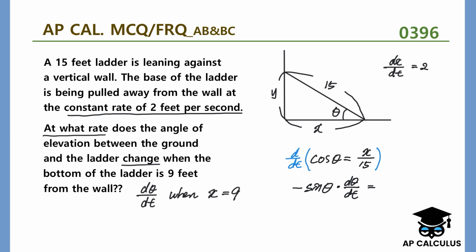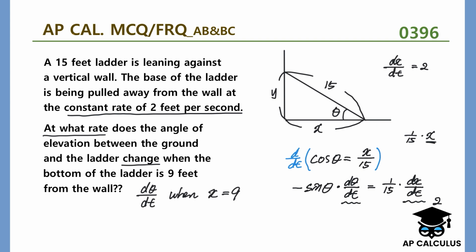We don't want to apply the quotient rule here, right? x over 15 is just 1 over 15, a constant times x. So when we find the derivative of x over 15, leave the constant alone and multiply by the derivative of x, which is dx over dt, right? So dx over dt, that's 2, it is given. We have to find this.